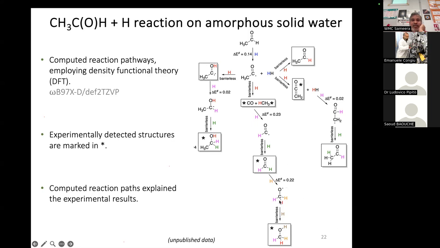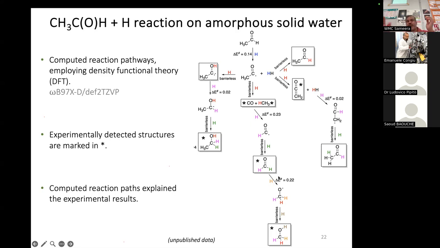If you want to explore all possible reactions, you must compute the multiple steps. So here is the first step, the reaction between hydrogen and acetaldehyde to give this radical, and then this radical can react with hydrogen to generate several products. So that is the realistic situation. And then these products can further react.